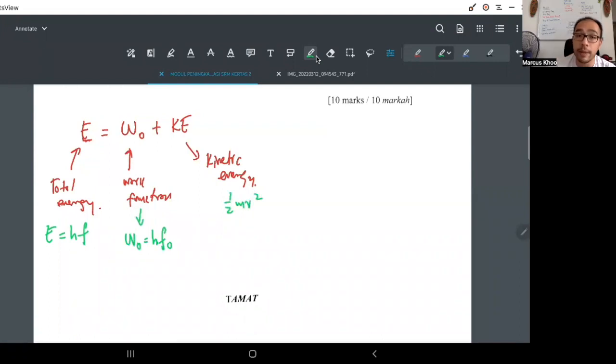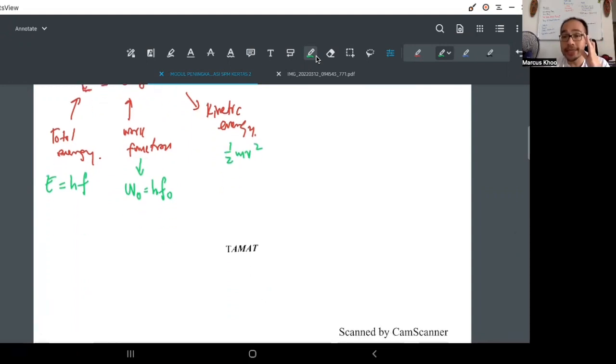No need to think about this one. Half mv squared or other similar formulas. Besides that, we also need to remember that since we are talking about light, we have to talk about the wave equation, which is v equals f lambda. But because v is the speed of light, c equals f lambda.